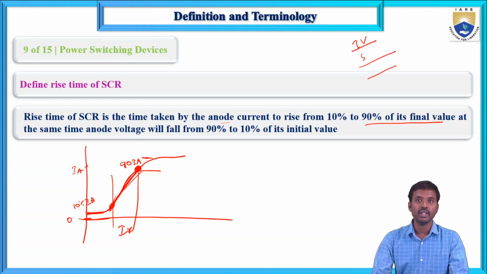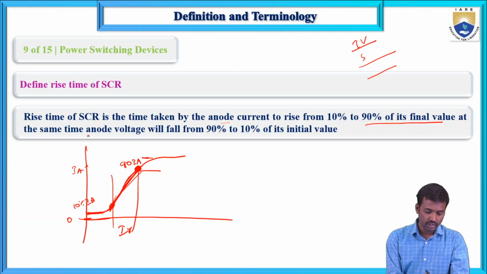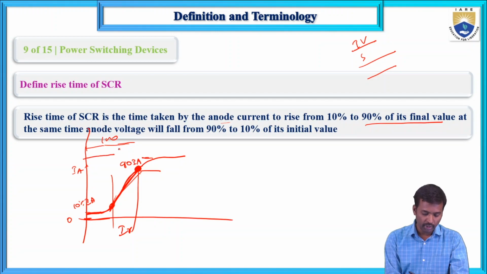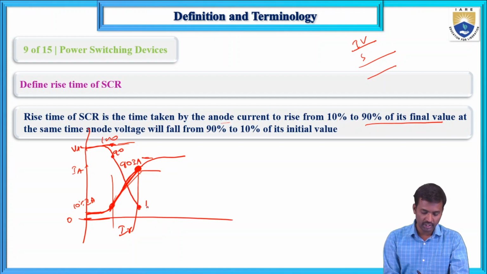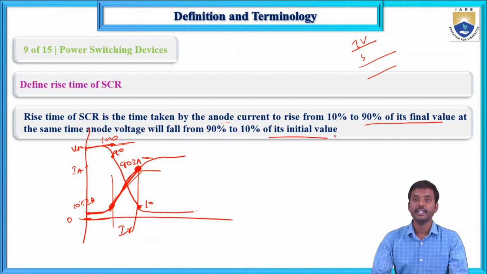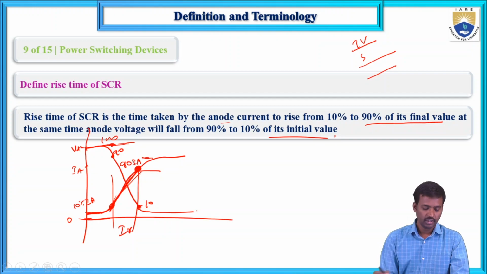In another way we can define it. Suppose this voltage is initially 100%. This is the VAK, and from 90% to 10% of its initial value is known as the rise time.